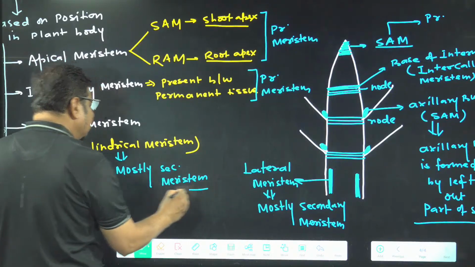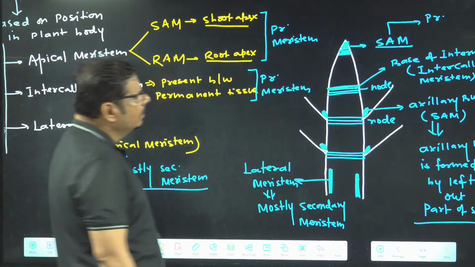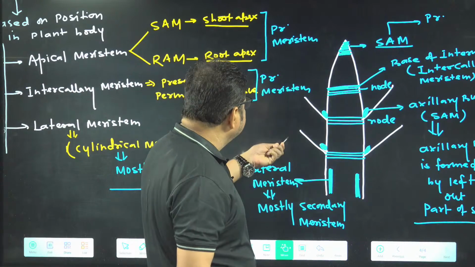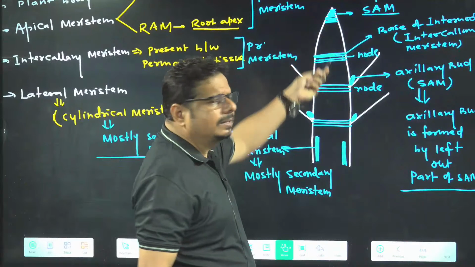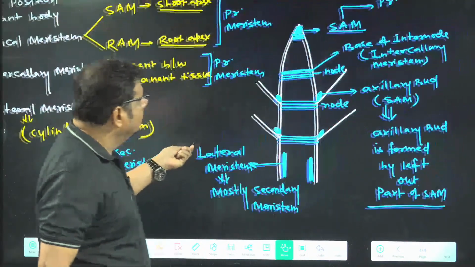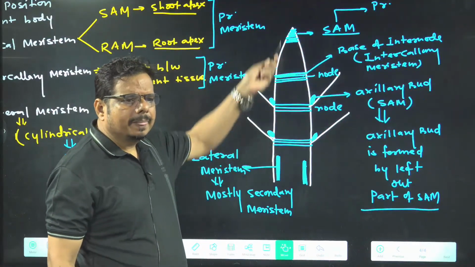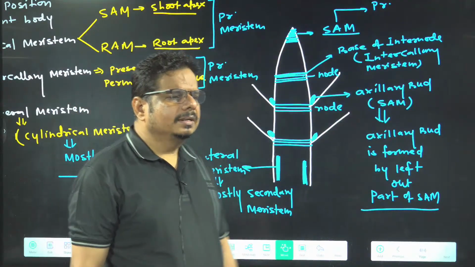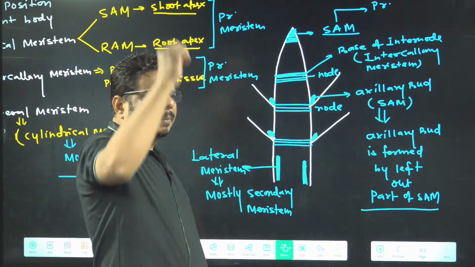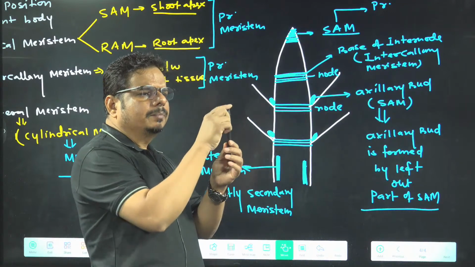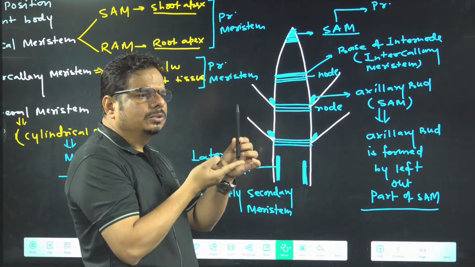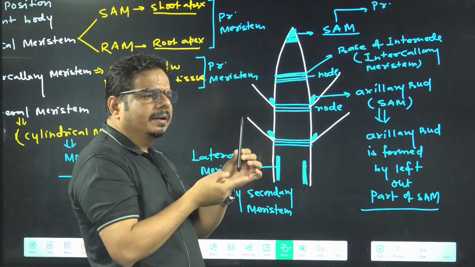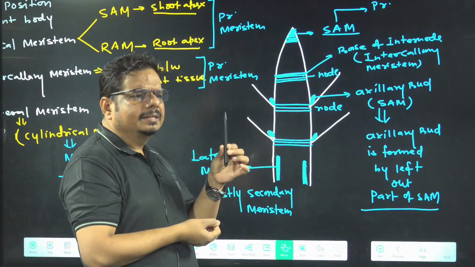Did you get the idea about the position of the meristem based on this diagram? Who is present at the root apex and shoot apex? Suppose this one is the shoot apex and this one the root apex: it is the apical meristem, SAM and RAM. Is it clear?